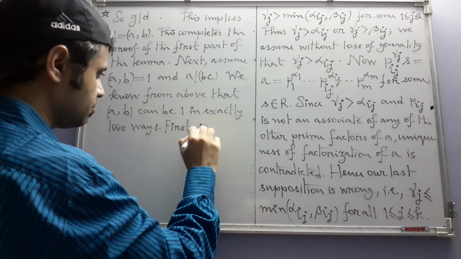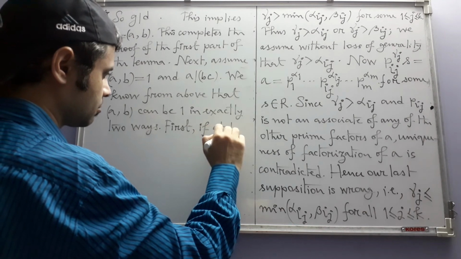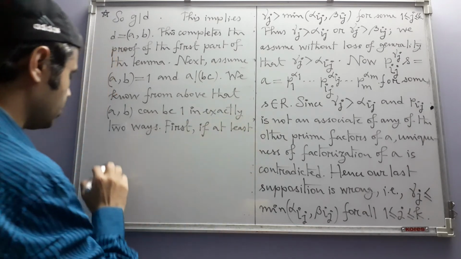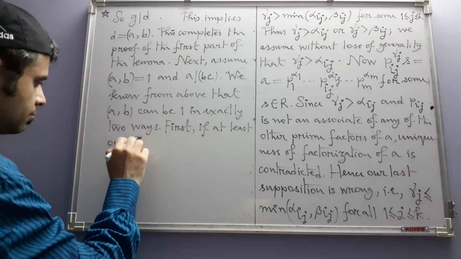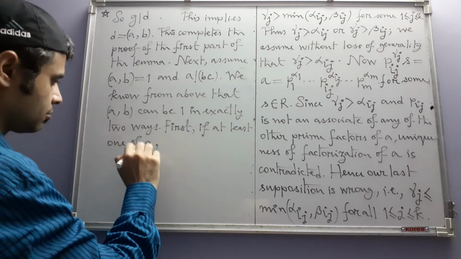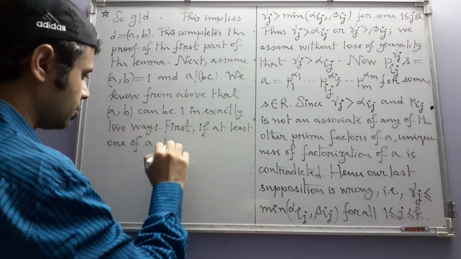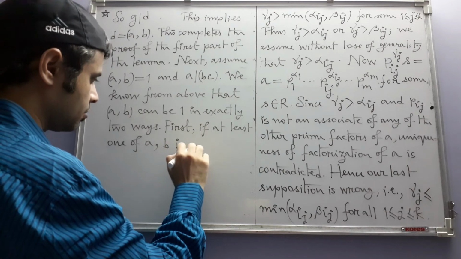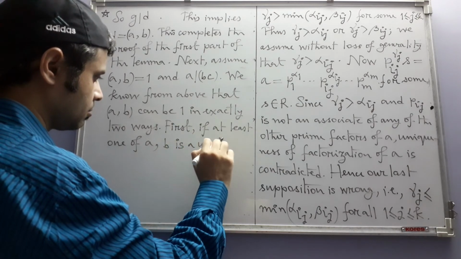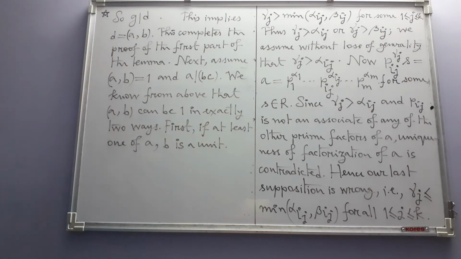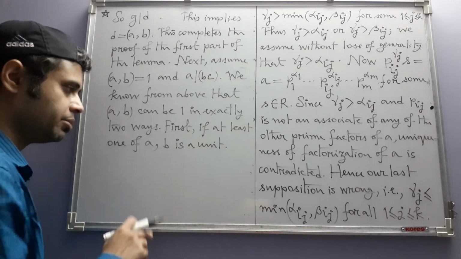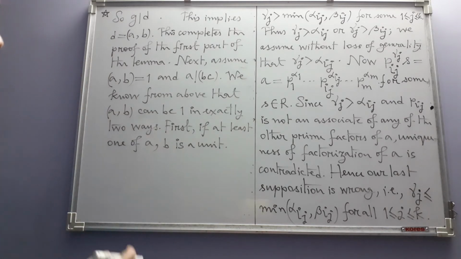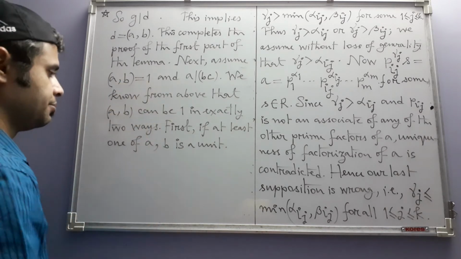First, if at least one of A or B is a unit. If at least one of A or B is a unit, then of course the GCD will be that unit, or in other words, the GCD will be 1.